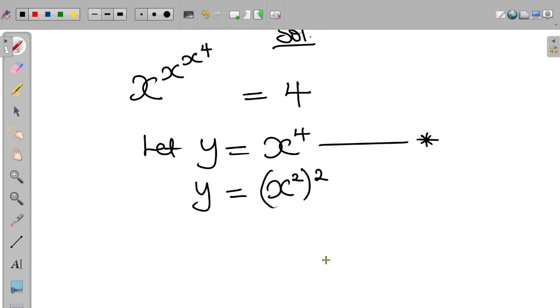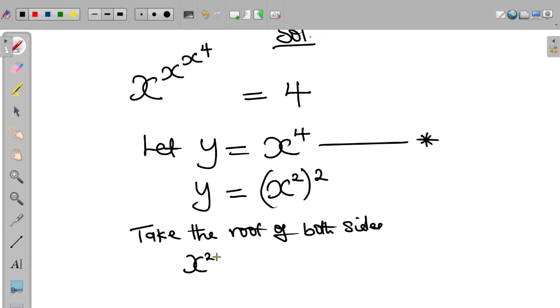Now, the next step here is to take the root of both sides. So, by taking the root of both sides, we have x squared all raised to the power of 2, root of, equal to root of y, and this will be plus or minus root of y.